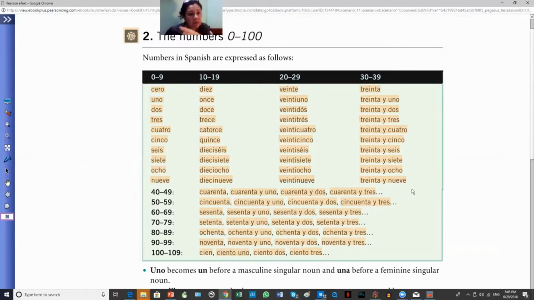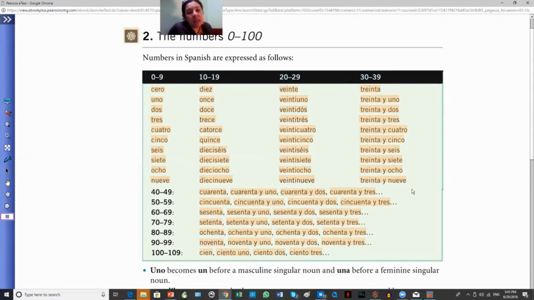When they have a digit accompanying them, you're going to include the Y, which is not present in English. So you say 41: in English there is no "and," it's forty-one, but in Spanish there is a Y, okay? Different from English, it's the opposite.